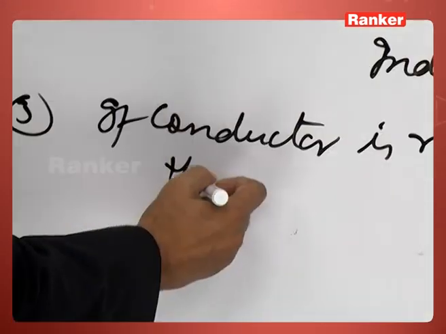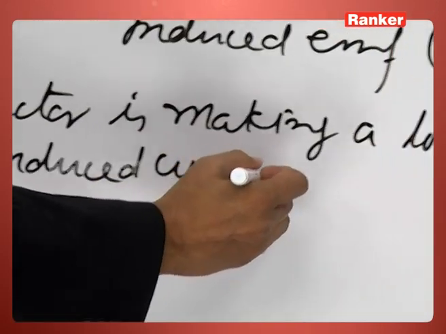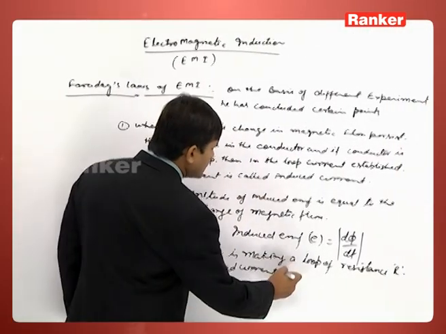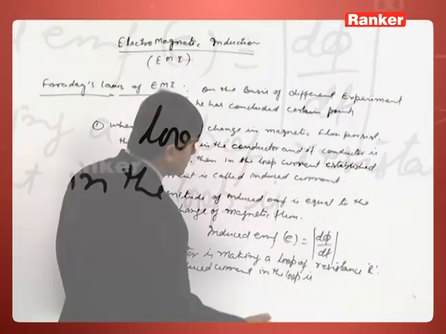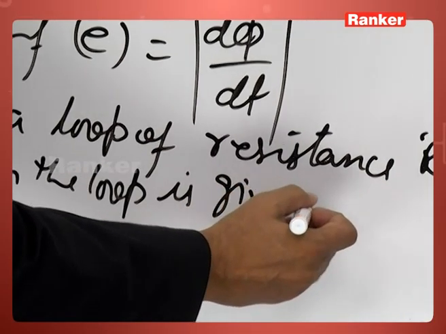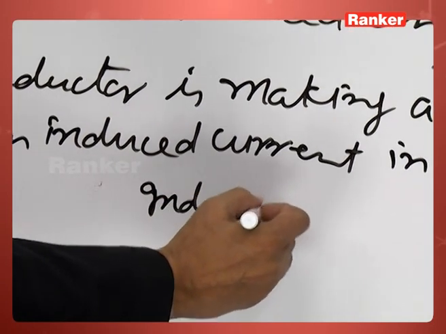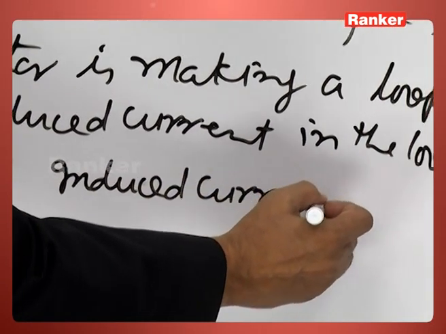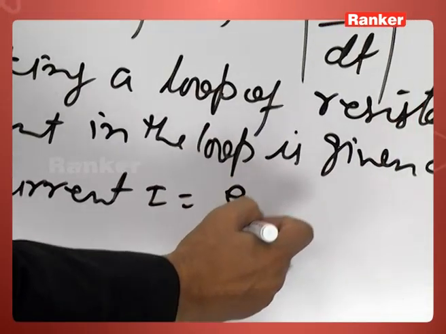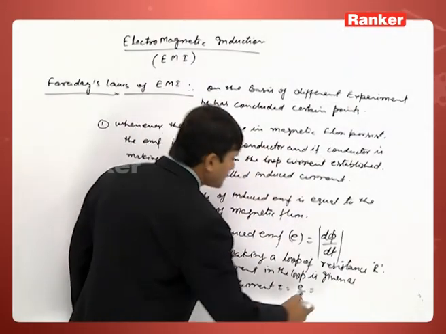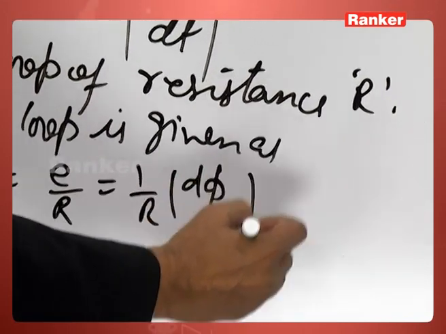Then the induced current in the loop is given as, see, induced current I is equal to E by R. E is the induced EMF, so I is equal to 1 by R d phi by dt.